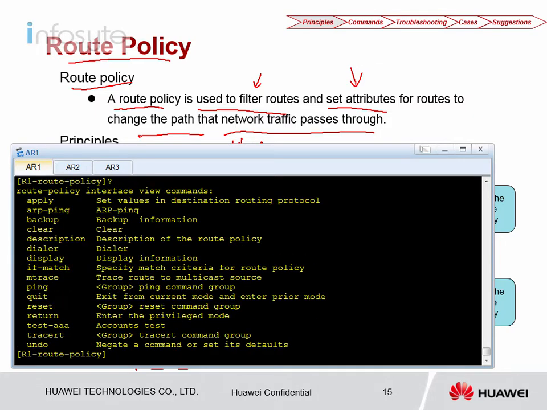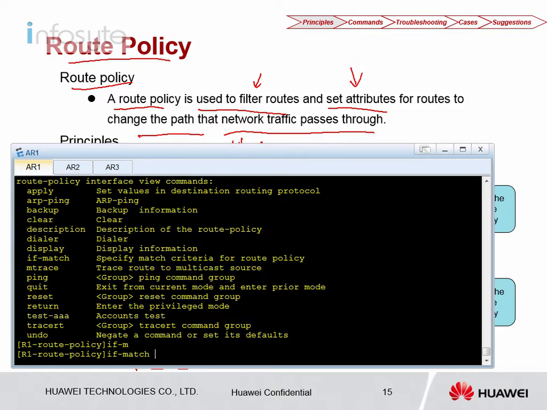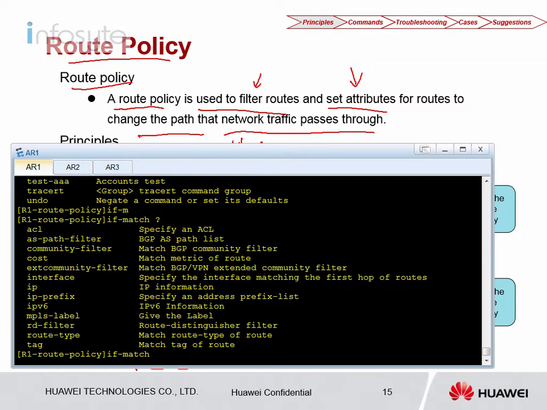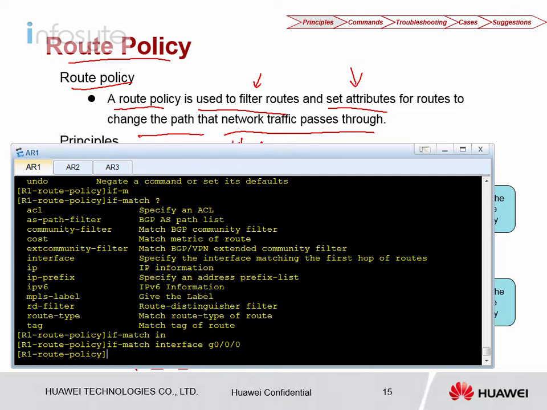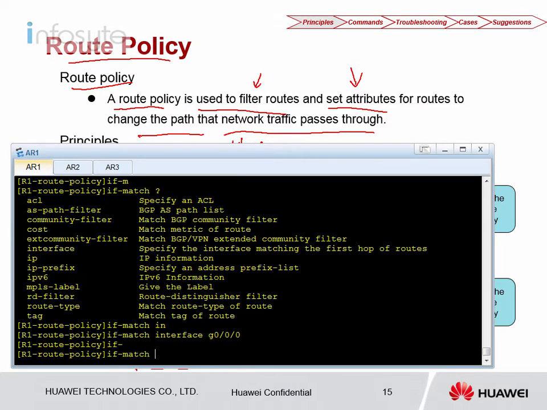Next, I'm going to select the condition, and to configure the condition, we are going to use a command called if-match. So that's my condition. These are the matching conditions. Assuming that I'm going to match an interface, I can put another if-match condition.